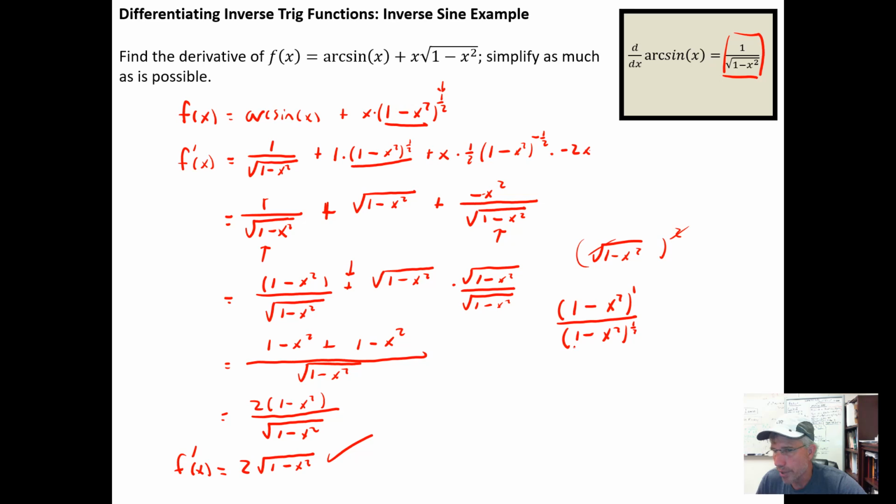We want to recognize we have the same base. And when we have the same base, you take the upper exponent and you subtract the lower exponent is one way to think about it. There's other ways to think about this as well, but this is probably the simplest way. And that's going to give you 1 minus x squared, and 1 minus a half is just a half, or 1 minus x squared under the radical sign. So that's how we simplified that piece.